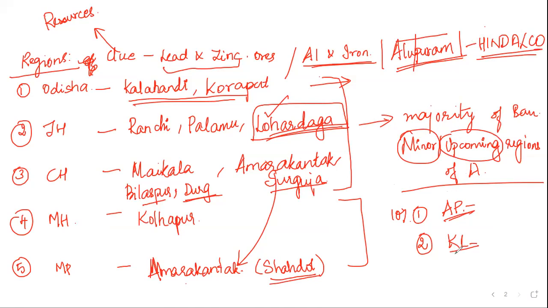With regard to Kerala, the regions like Trivandrum, Kollam, Kannur are very important with respect to localized aluminium production. Okay, right. And then coming to portions of Tamil Nadu, Salem, Nilgiris, Madurai.